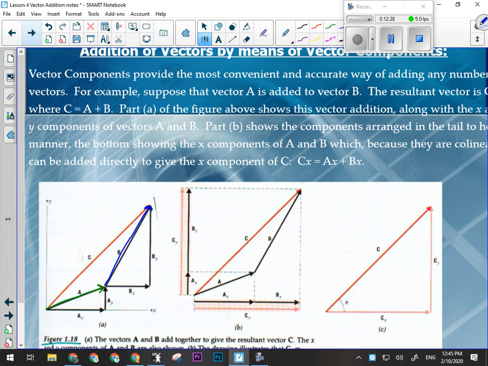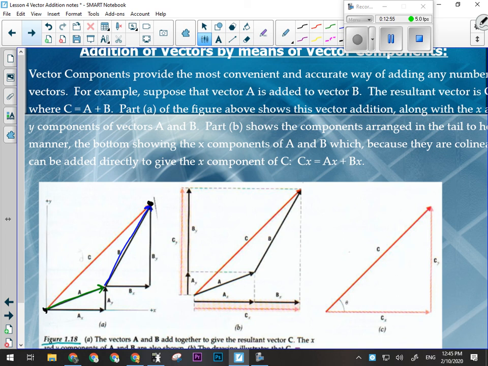A happens first, B happens second. Let's say they're displacement vectors, so the object went here and then turned and went this direction this far. Their overall resultant is the big line labeled C, because it's the line that goes from their initial position to their final position, and that's the definition of displacement.